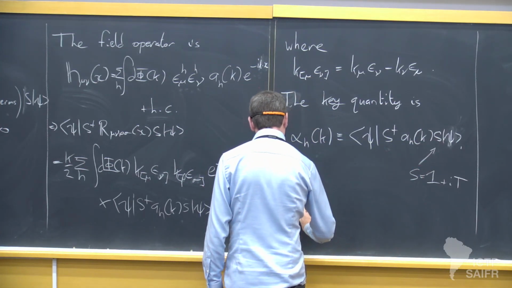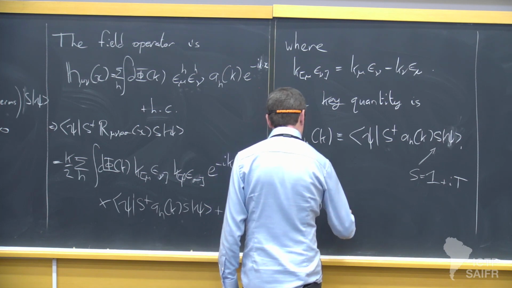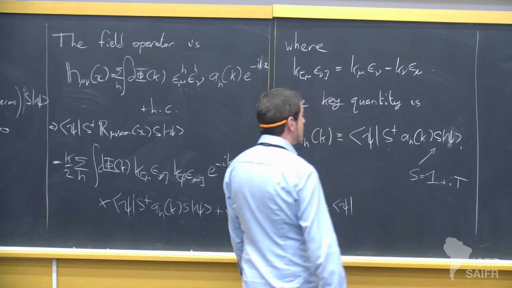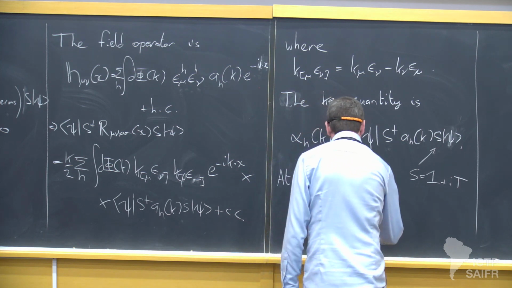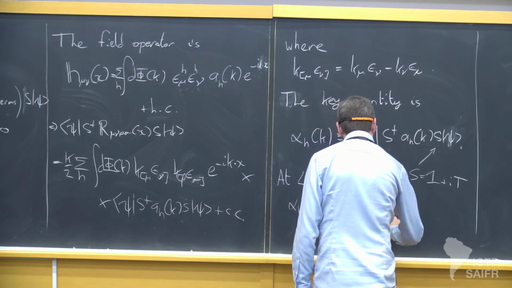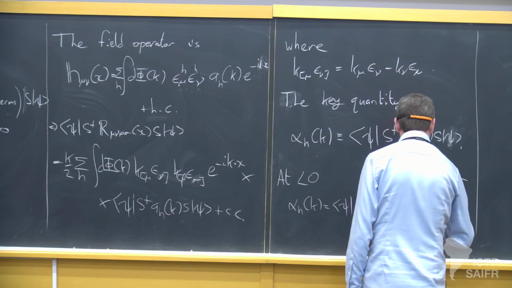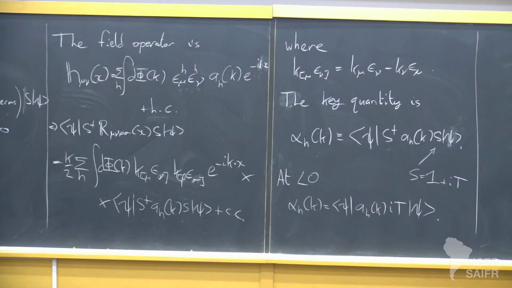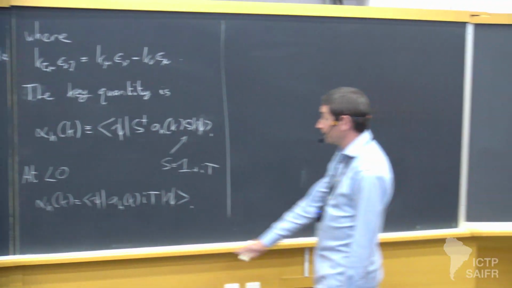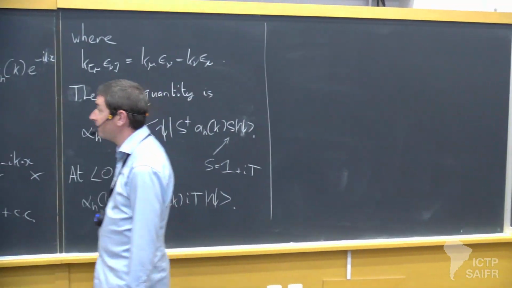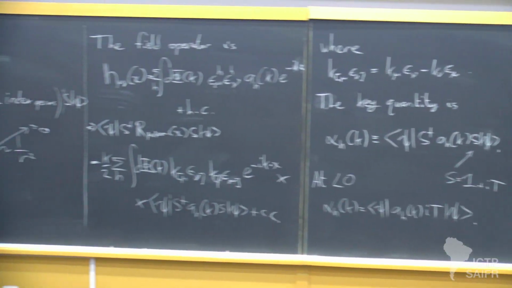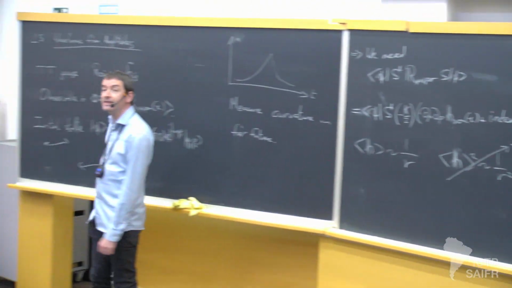So at leading order, alpha_h of k is <psi| a_h(k) i T |psi>. All right, so to simplify this now, the next obvious step is to put in the state.